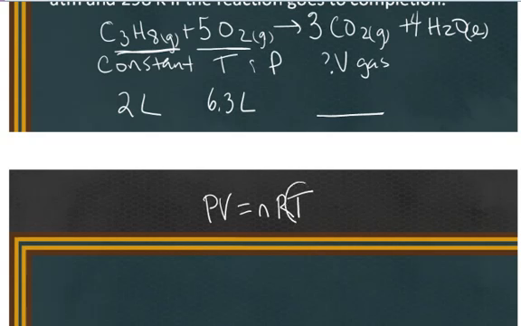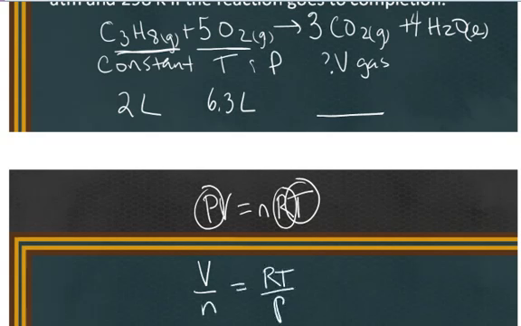The temperature is constant, R is the gas constant, and P is constant. If I rearrange this equation, V over n equals RT over P, and all of these properties and constants create one big constant. So in this case, volume is directly proportional to number of moles.